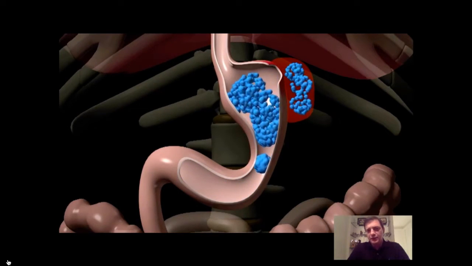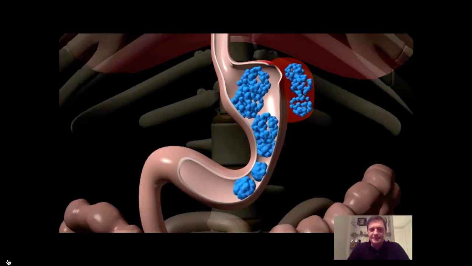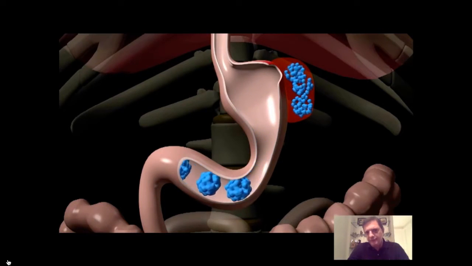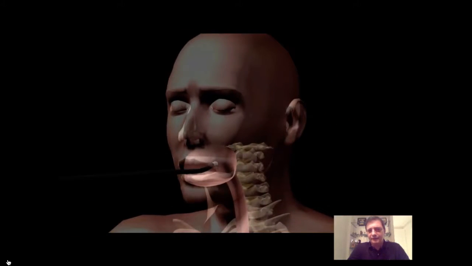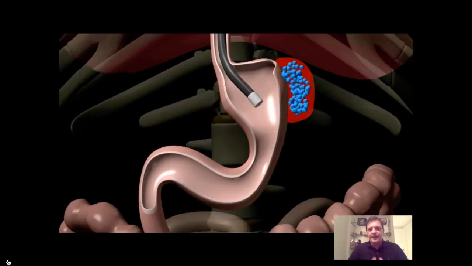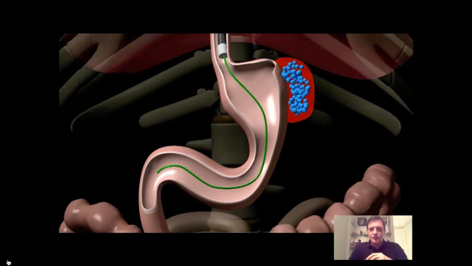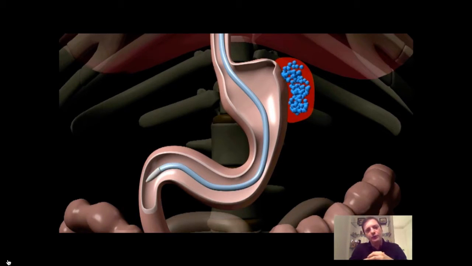So in those acute and early cases, the approach is to implant a stent. And as you're going to see right now, these stents have to fulfill two main goals. First is to release the pressure, and second is to occlude the hole.